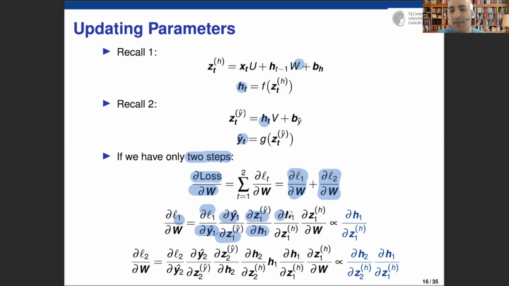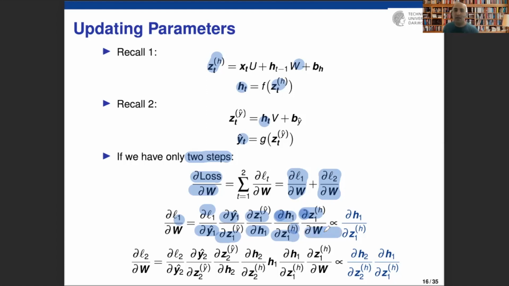So you calculate the derivative of H1 with respect to Z1H, and then Z1H itself depends on W. So we now calculate the derivative of Z1H with respect to W, right?